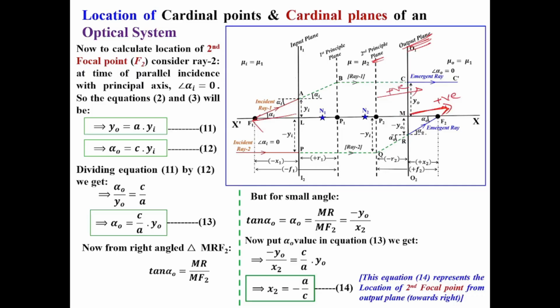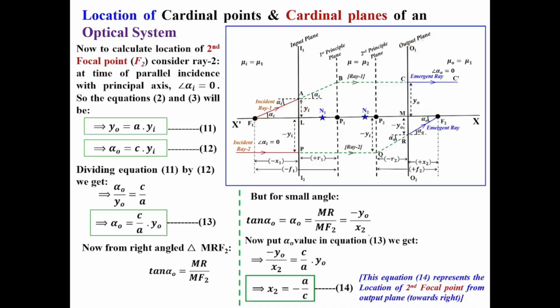Towards the left of the input and principal plane, considered negative. Towards up from the principal axis, positive. Towards down, according to sign convention, the length will be negative. Just keep these things in your mind.